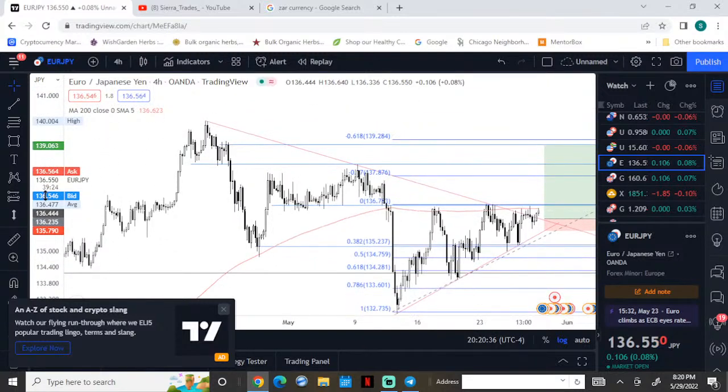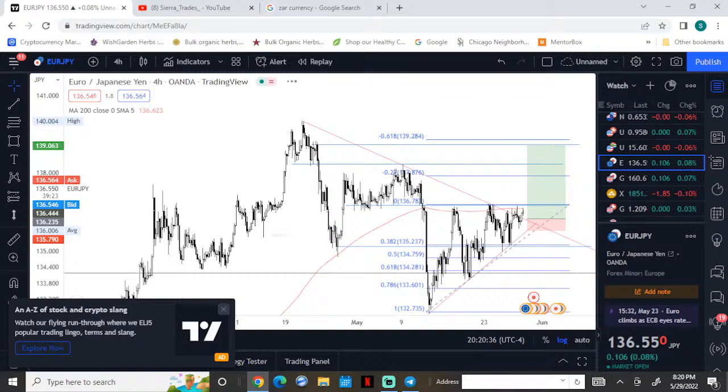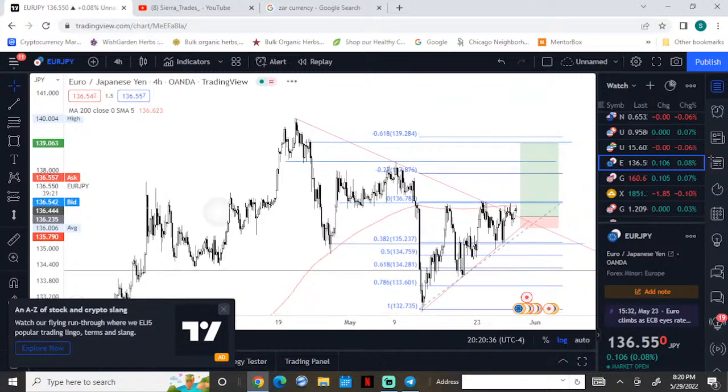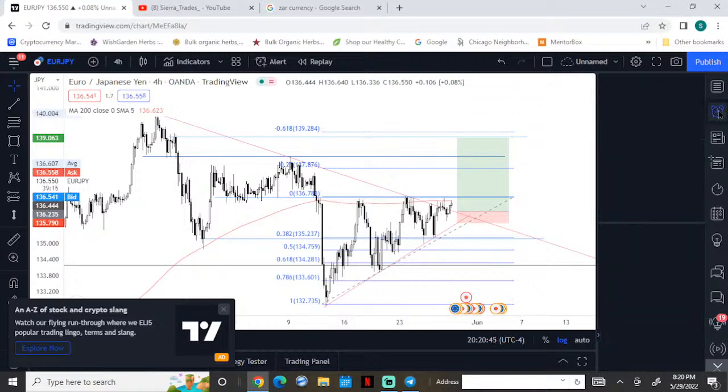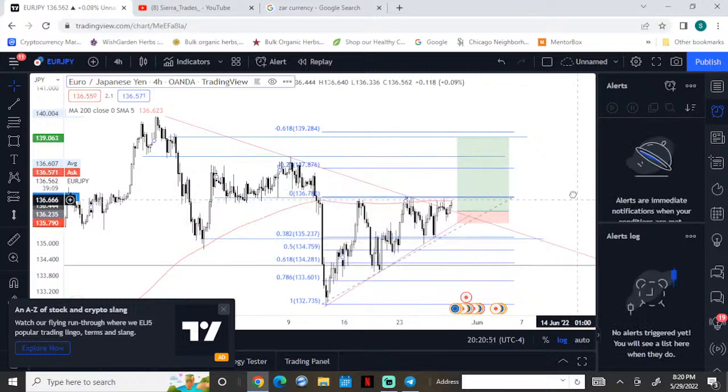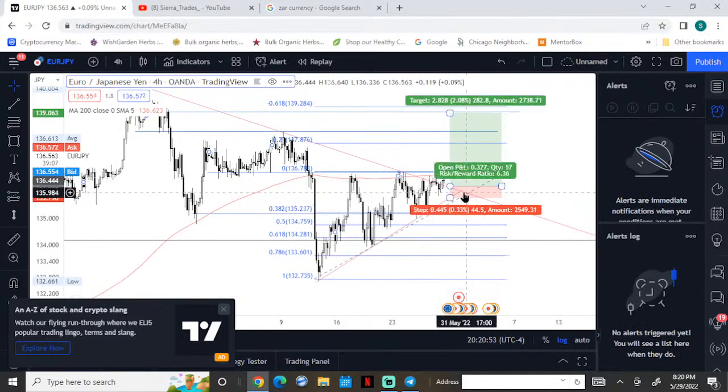EJ, just waiting on that entry. I will be marking this trend line.